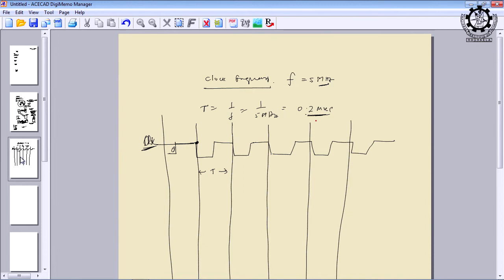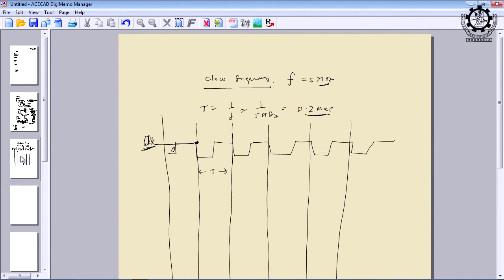So, 0.2 microsecond. Now, if I tell you to carry out the step 1 activity, 3 clock pulses are required. Just assume that we need 3 clock pulses to carry out step 1. Then what is the time taken for step 1? 0.2 into 3, that is 0.6 microsecond. And assume that to carry out the second step, it requires 1 clock pulse.